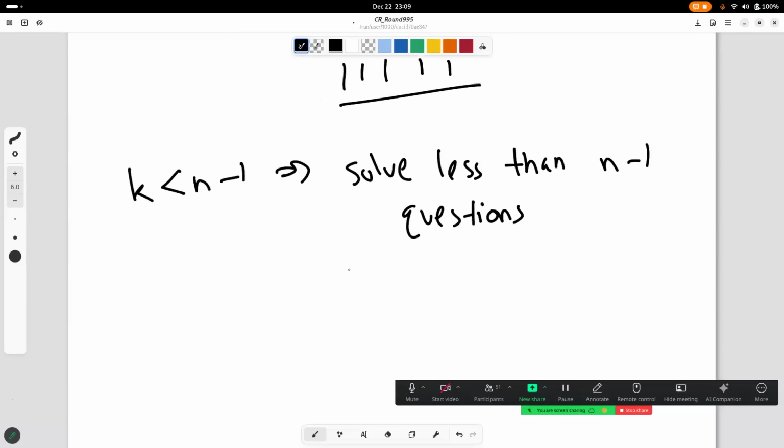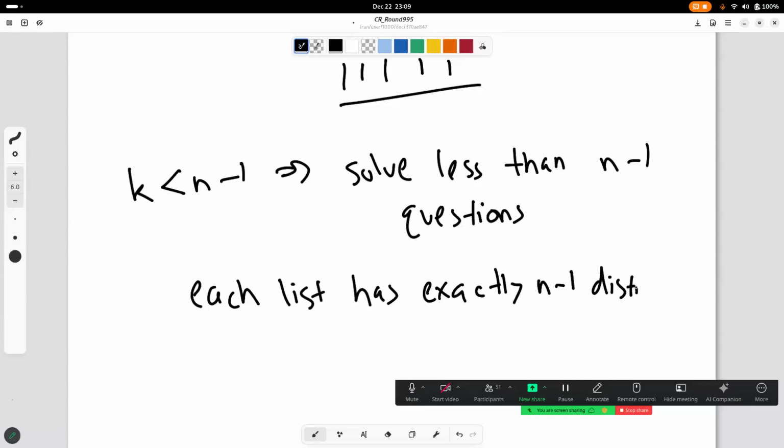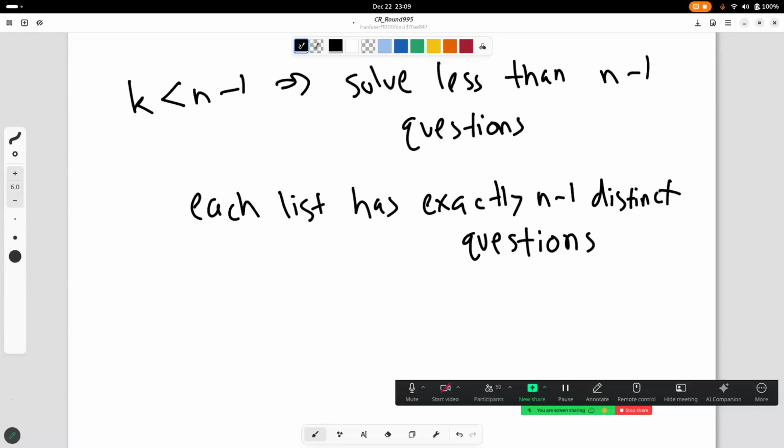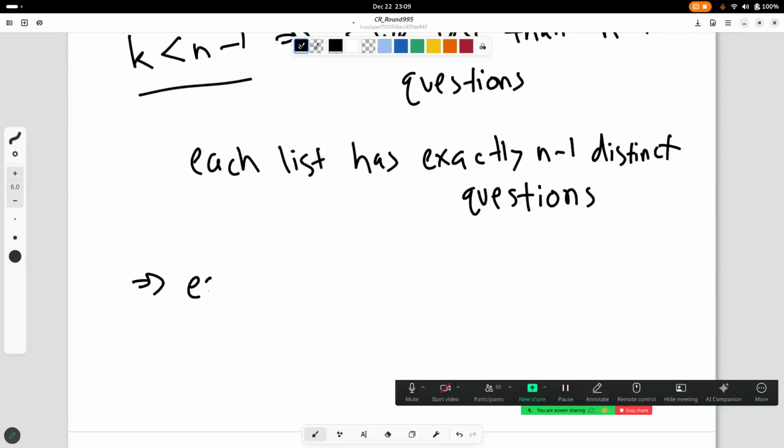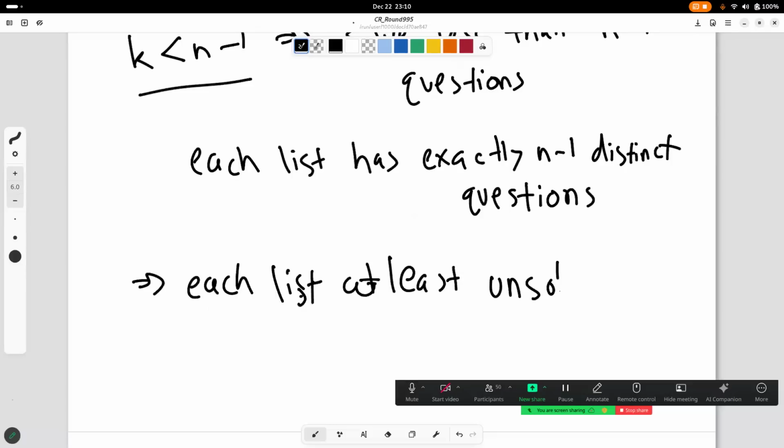Now, if you can solve less than n minus 1 questions, but each list has exactly n minus 1 distinct questions, that would imply that each list will have at least one unsolvable question.